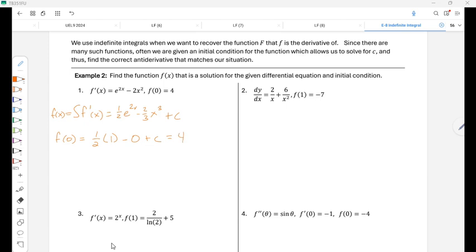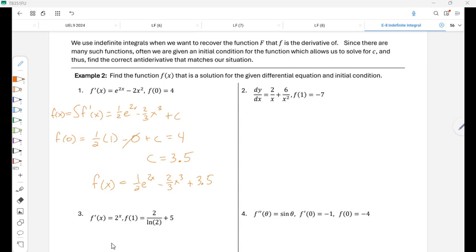So your answer on that one would be, get rid of the 0, subtract 1/2 from both sides, c equals 3.5. So the function, the antiderivative that matches our situation, is 1/2 e to the 2x minus 2/3 x cubed plus 3.5.